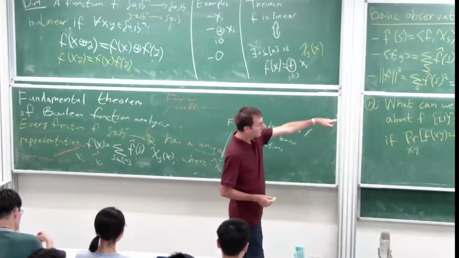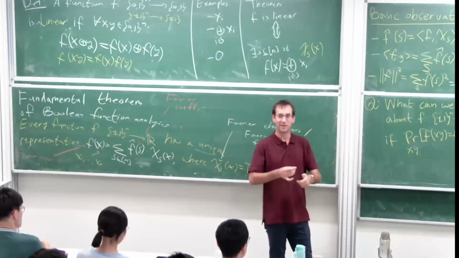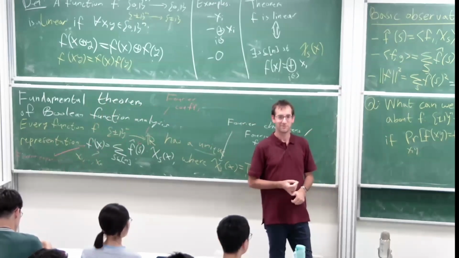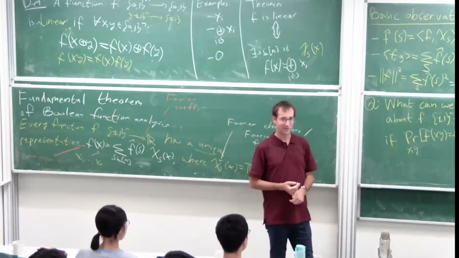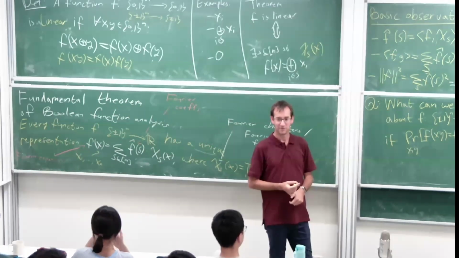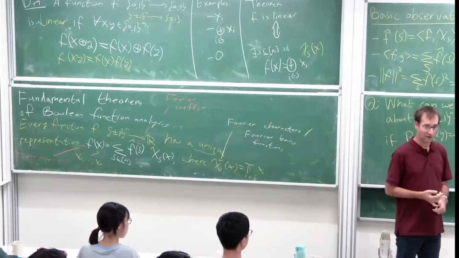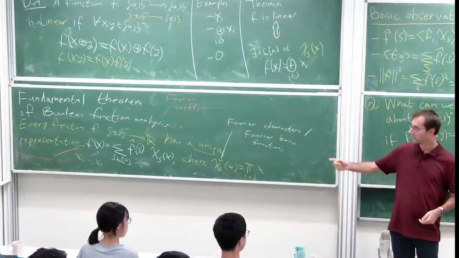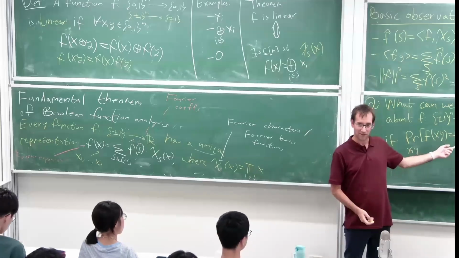So what can we say about f which satisfies this property? What would you like to be true? Can you give me an example of a function f satisfying this property? It looks similar to a linear function. So you would expect that f is similar to a linear function. For example, if you took a linear function, a Fourier character, then it will satisfy this property.